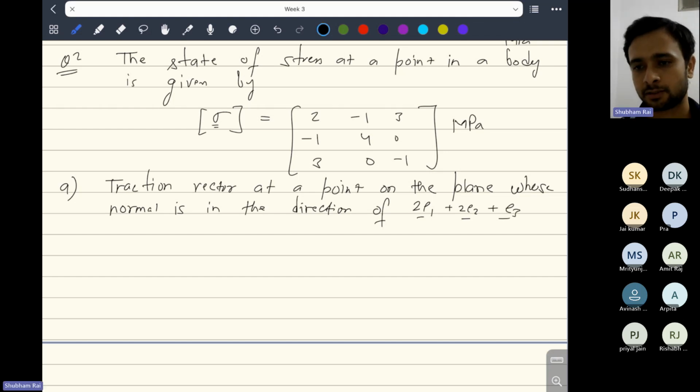So to find the traction vector on a plane whose normal is in this direction. Okay.